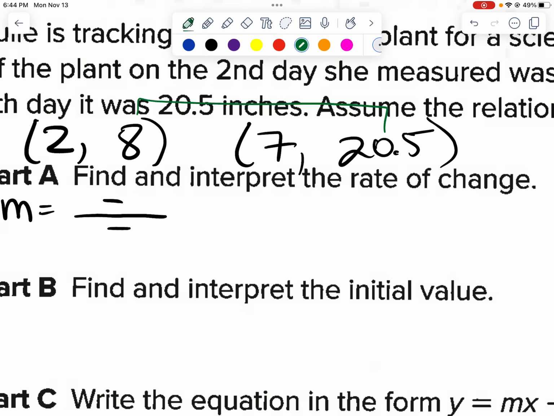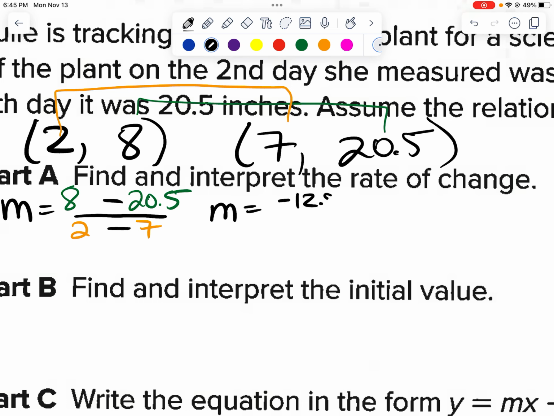So I subtract 8 minus 20.5 over 2 minus 7. So when I do that, yep, negative 12.5 over negative 5.